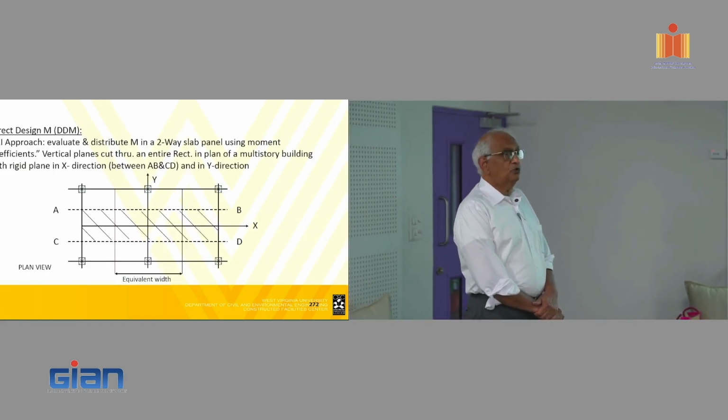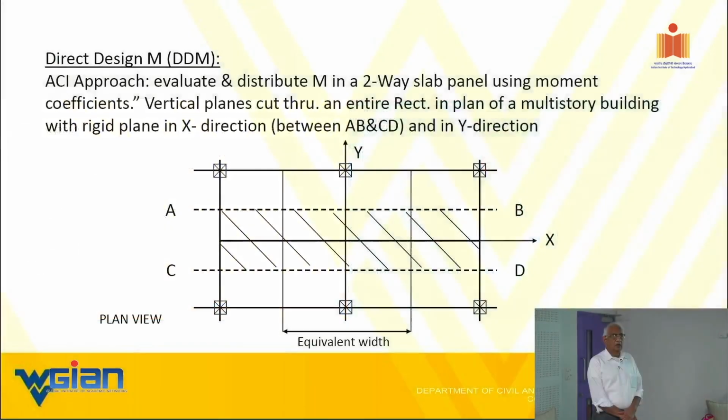So we have two methods, known as the direct design method, and in that direct design method, that's an ACI approach, evaluate and distribute the moment in a two-way slab panel using moment coefficients, that they define for you.